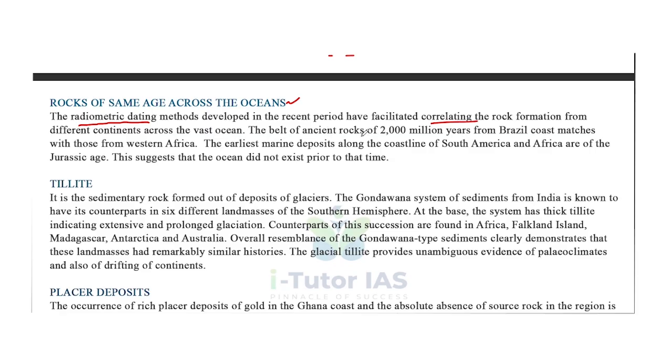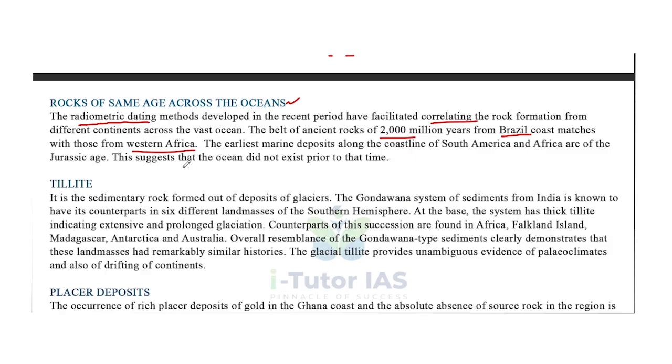The belt of ancient rock of 2000 million years ago from the Brazil coast matches with those of Western Africa. The earliest marine deposits along the coastline of South America and Africa are of the Jurassic Age. This suggests that the ocean did not exist prior to that time.